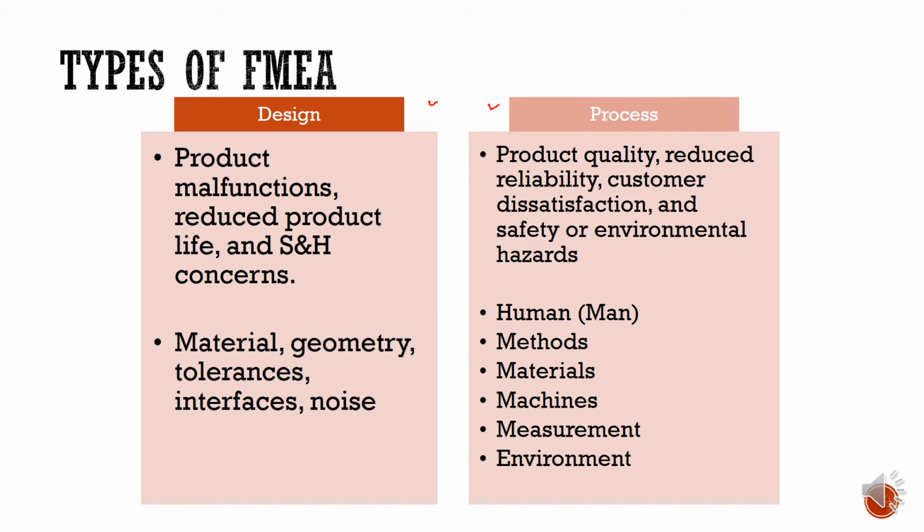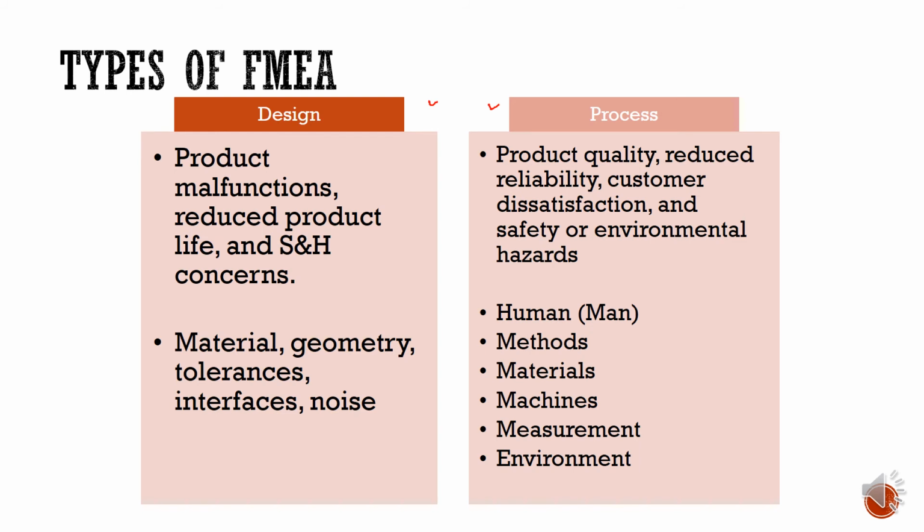These possible failures may derive from material properties, geometry issues, tolerances in design, interfaces with other components or systems, and also another category we call engineering noises. These engineering noises come from environments, user profiles, degradation, and also the system interaction.